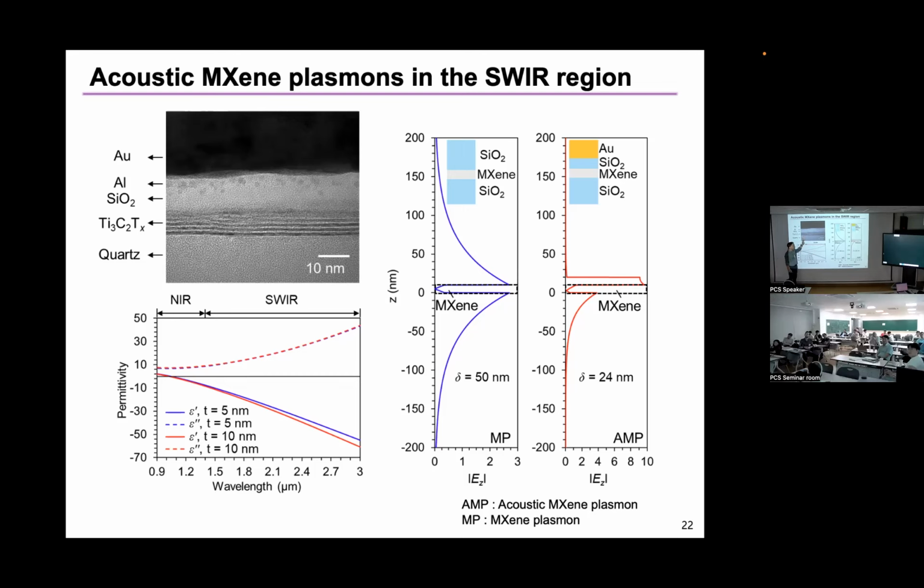This further suggests that you may have to use some kind of effective medium where the intermediate spacings are largely insulating. You may have to model them as vacuum or some other type of medium. And then the actual MXene layers' permittivity may come out to be different if you use an effective medium model. Yes. Very good point. Thank you for the question.